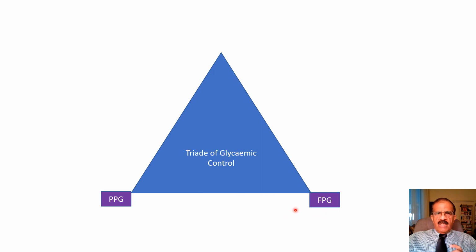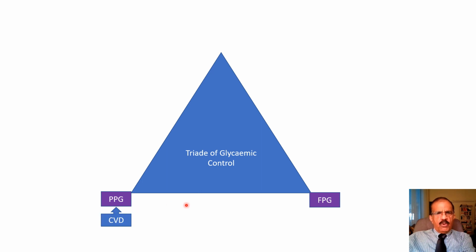So when we start treating a patient with type 2 diabetes with insulin, first we focus on fasting plasma glucose, and then we give additional treatments or make further adjustments in the dosage of short acting or rapid acting insulins to fix postprandial glucose.